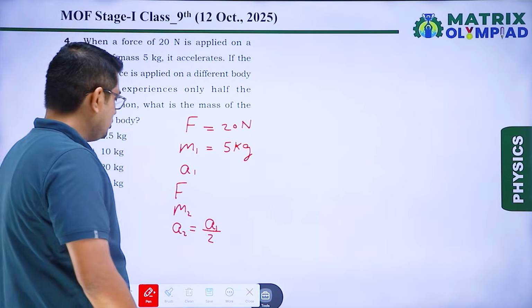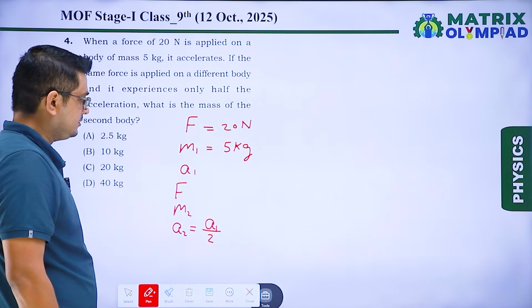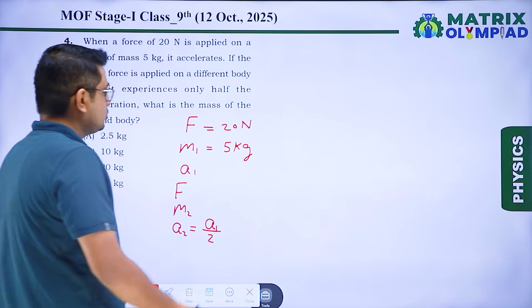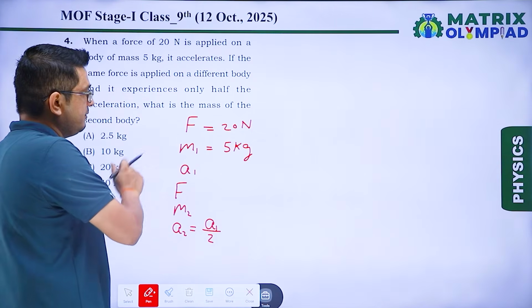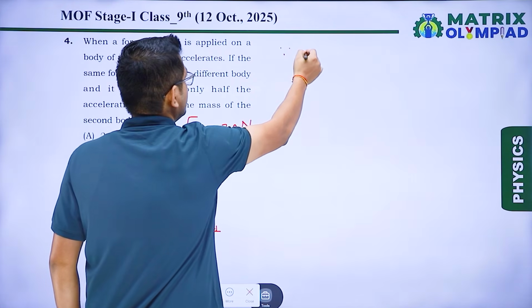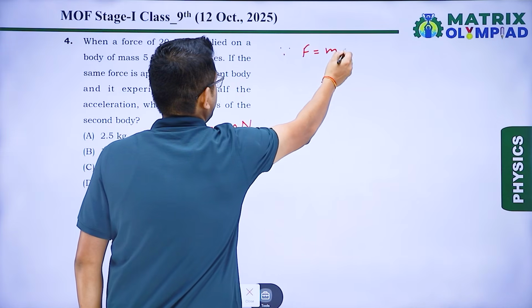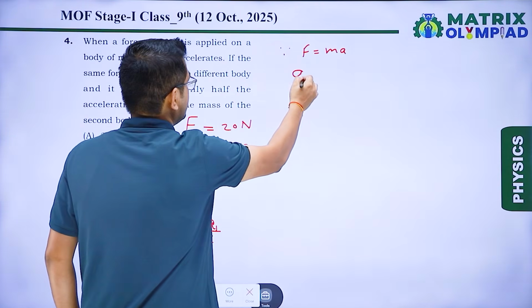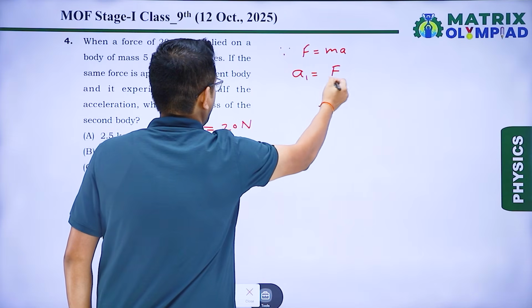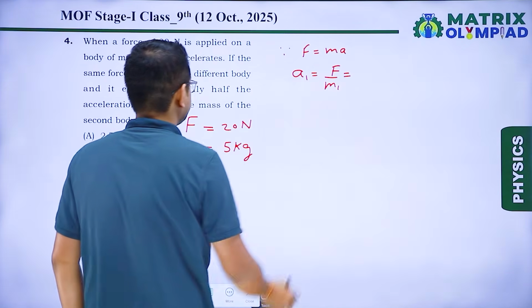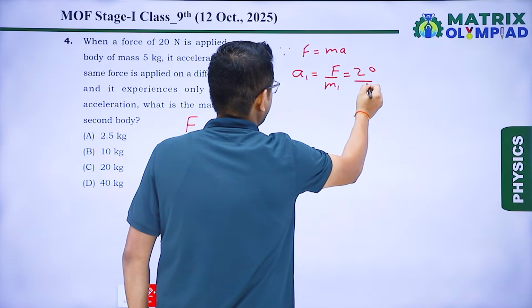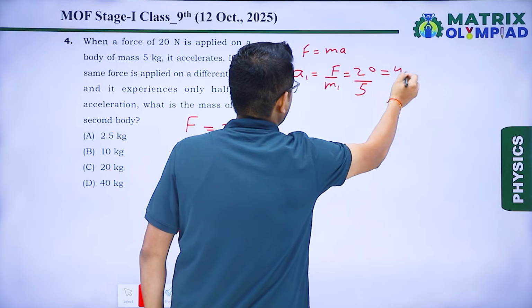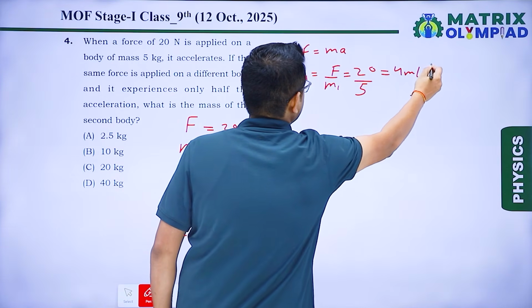So we have to find the mass M2. Let us first find the value of A1. As we know that F is equal to MA, from here A becomes F upon M. So A1 is equal to F upon M1, that means 20 divided by 5. So A1 is equal to 4 meter per second square.